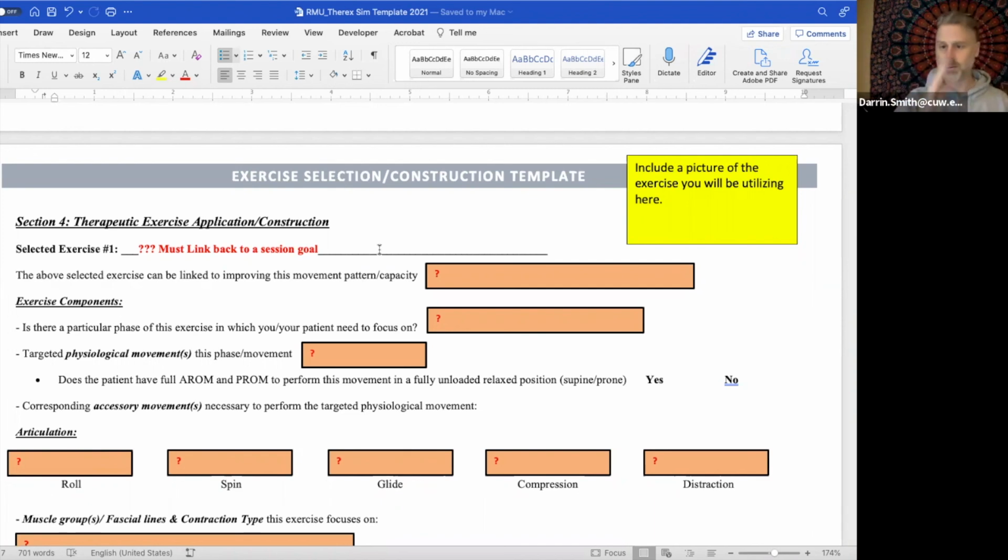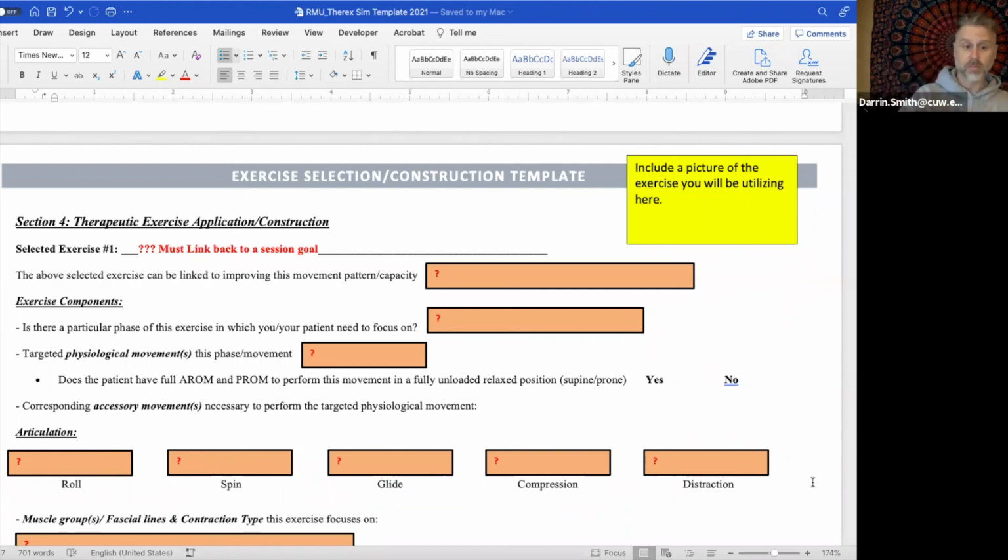So maybe you're having them stare straight ahead and doing some no and yes exercises, right? To make sure that they have the proper motion. Now we can take that exercise, put it in here and determine how is that going to help our hind foot? How is that going to help our SI joints?